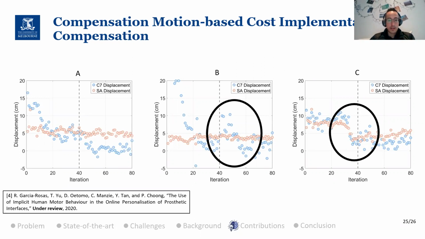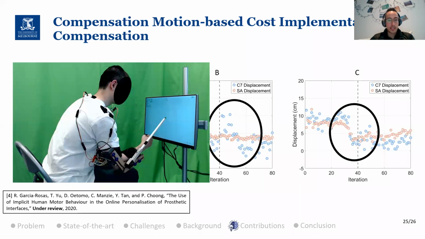Okay, so probably better to put it in perspective just to wrap up. This is what it would look like before the personalization. In the first few iterations, quite a lot of leaning forward.